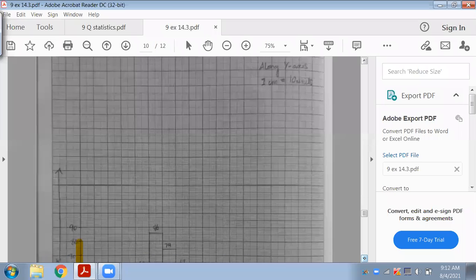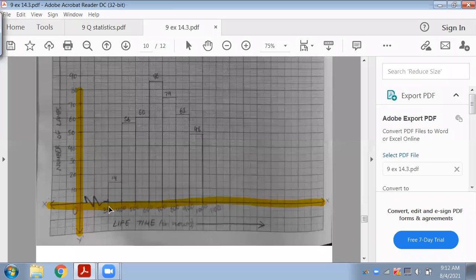Since we are directly starting from 300, that means we are not starting from 0, so we are going to put a zigzag line and leave two gap, and then start 300, 400, 500, 600, 700, 800, 900, 1000, then 1100.